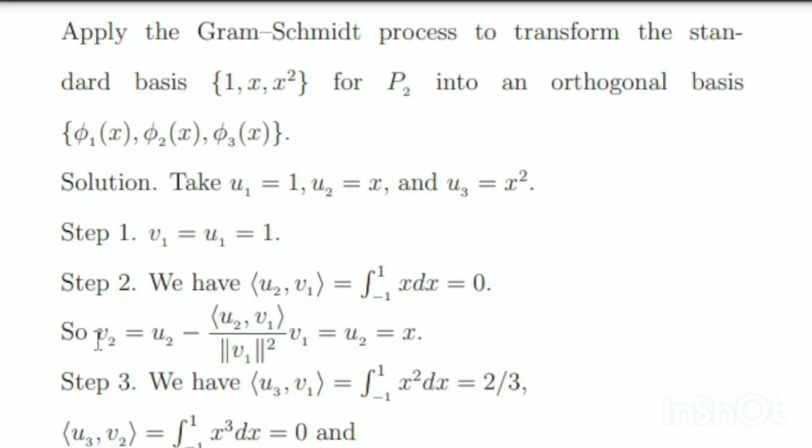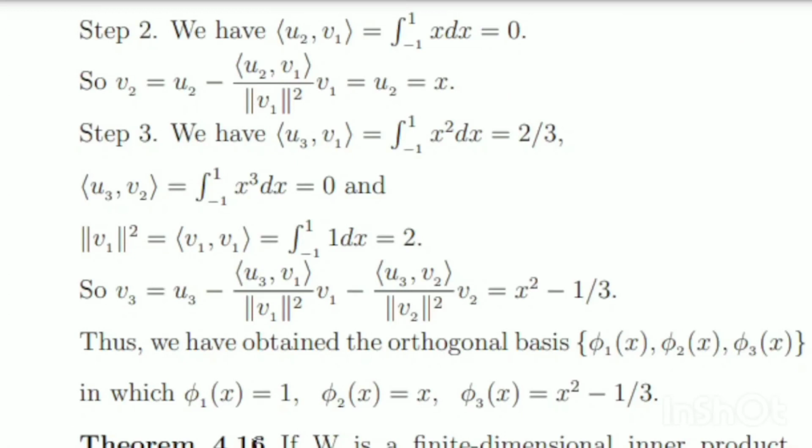In the next step we have inner product <u2, v1> equal to 0, and in step 3 the inner product <u3, v1>, that is the integral from minus 1 to 1 of x squared dx, is 2/3. The inner product <v1, u2> is the integral from minus 1 to 1 of x cubed dx. So norm of v1 squared is equal to <v1, v1>, that is the integral from minus 1 to 1 of 1 dx.